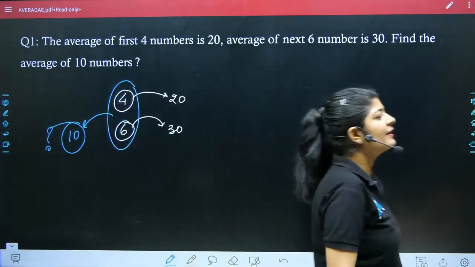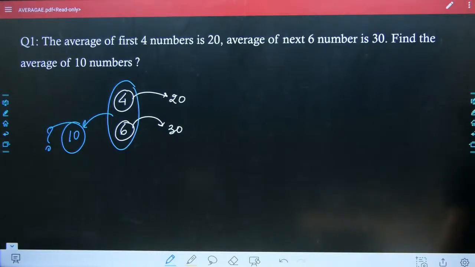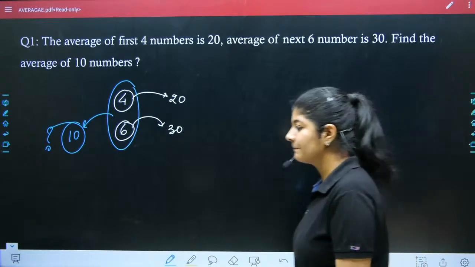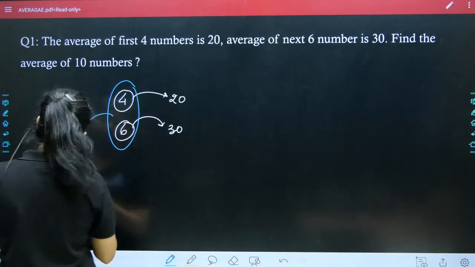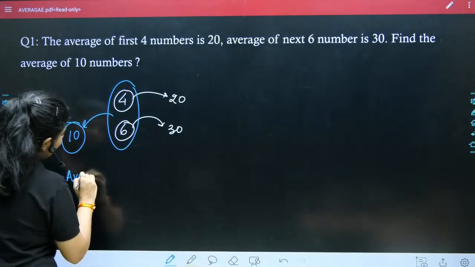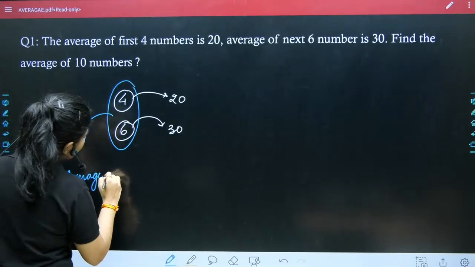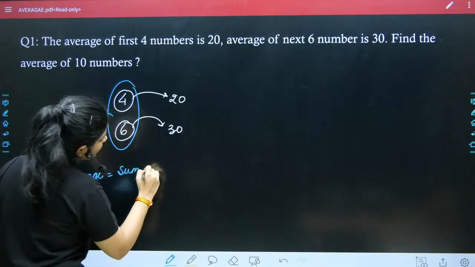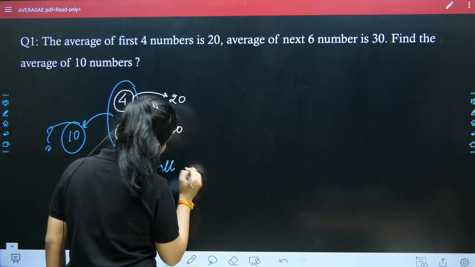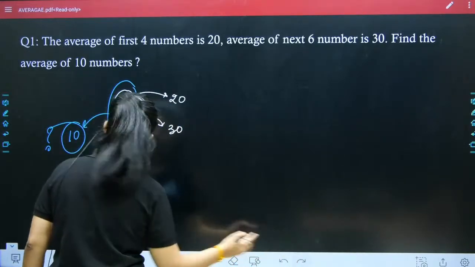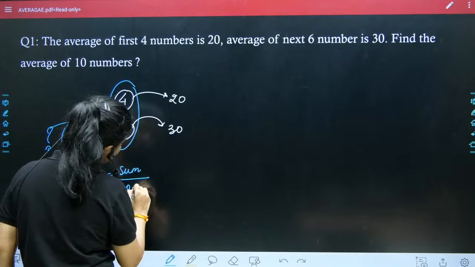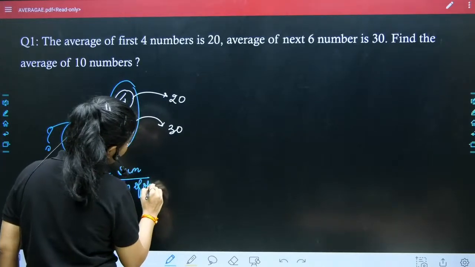How do I calculate this? We all know the formula of average: average equals the sum of all the observations divided by the number of observations, right?